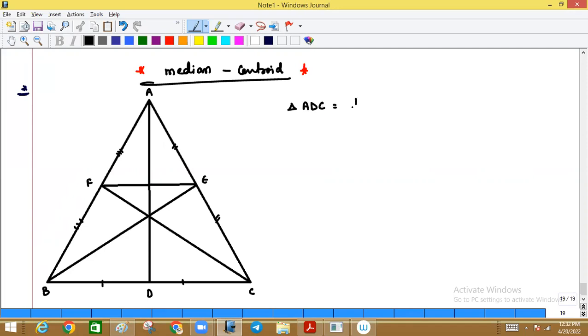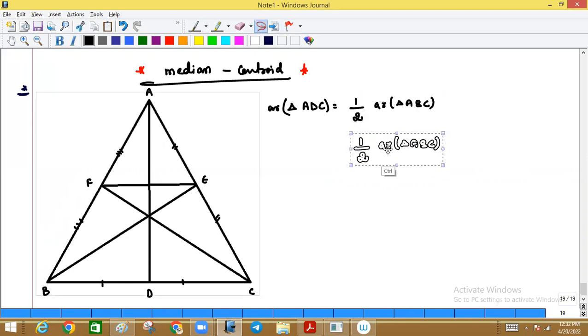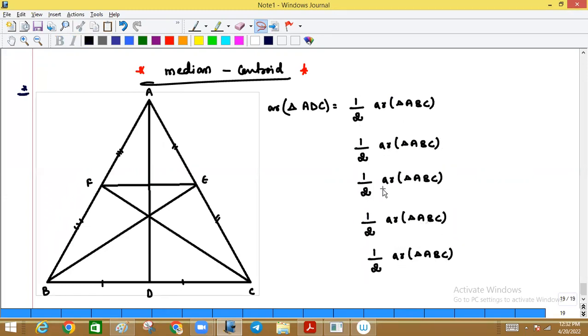The area of triangle ADC is half of the area of ABC. Now, tell me the area of BGC, triangle BGC.